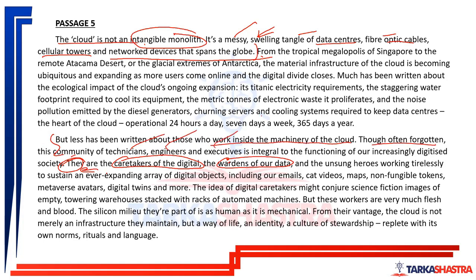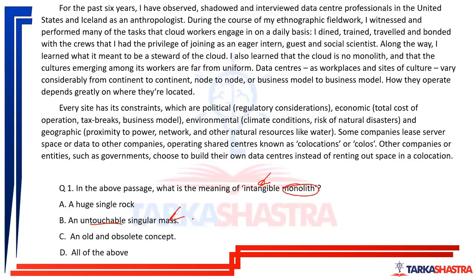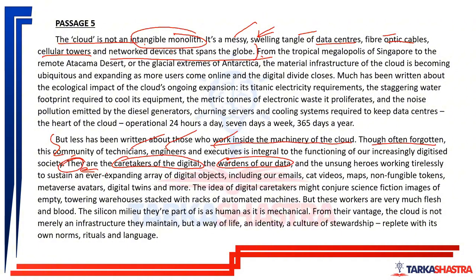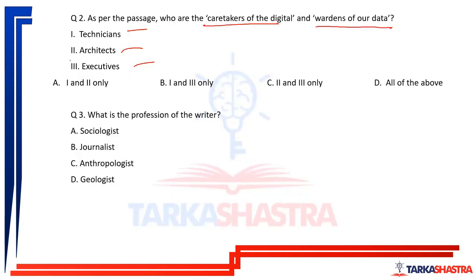Technicians, engineers, executives. Technicians, architects, executives. Do we have any relationship with the architects here? Have they spoken about architects? Not really, not at least in this context. So we can simply say that aside from architects, technicians and executives are there in the passage. So the answer should be B.